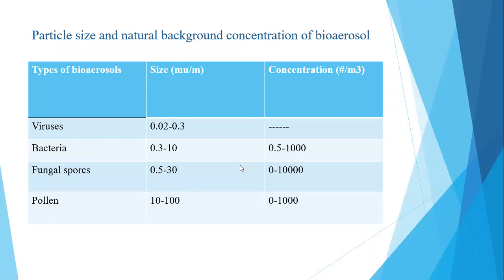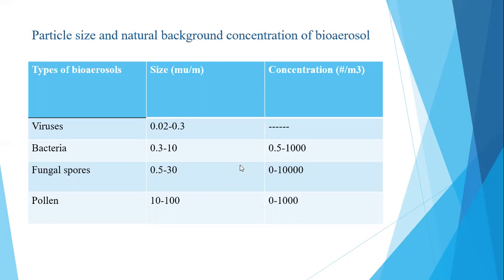Based on particle size and natural background concentration of aerosols, the types of bioaerosols are as follows. For virus, the size will be 0.02 to 0.3 μm, and the concentration will be nothing. For bacteria, the size will be 0.3 to 10 μm, and the concentration will be 0.5 to 1000 per meter cube.